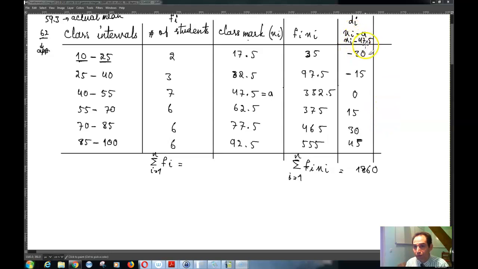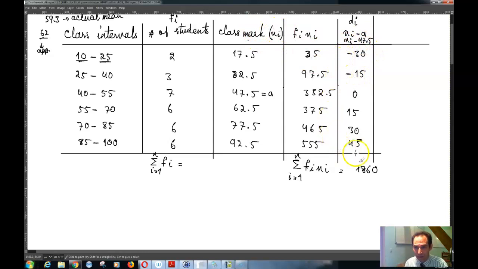So I calculated x of i minus a, or x of i minus 47.5, which I call d of i. Now, instead of x of i, you can think of d of i, which is much smaller and much more straightforward than x of i.